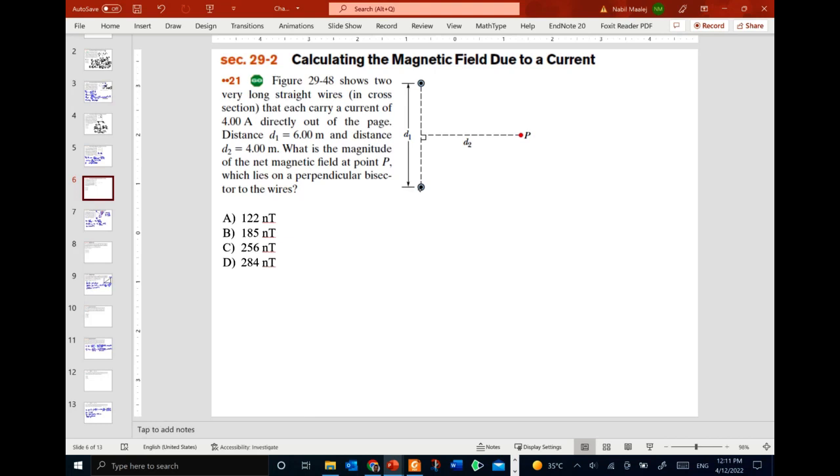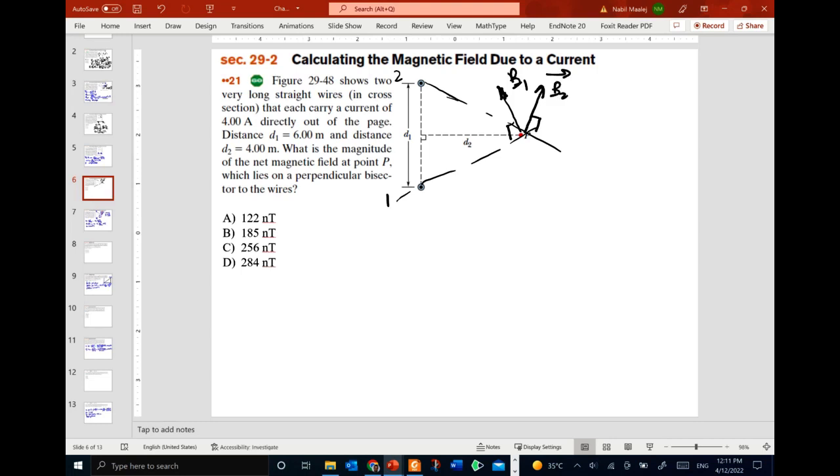So if I draw a line like this, the first magnetic field is perpendicular to this line. I will call this B1, and this is wire 1, and this is wire 2. Same thing, if I draw this line here, then the magnetic field is going to be perpendicular to this line, this is B2.